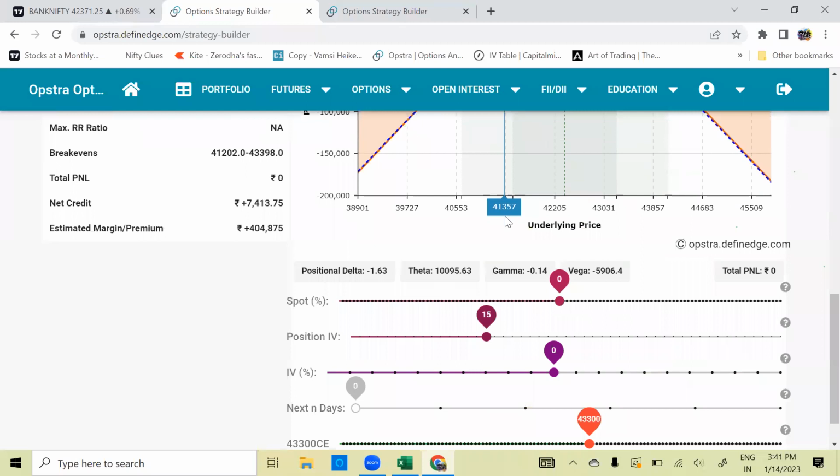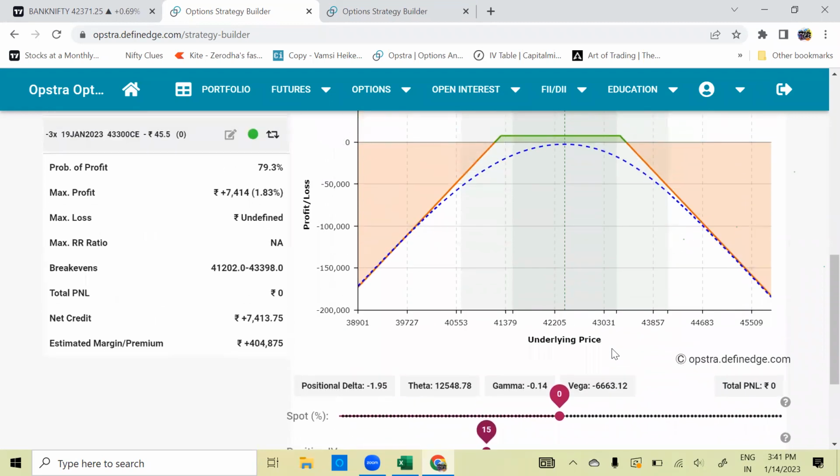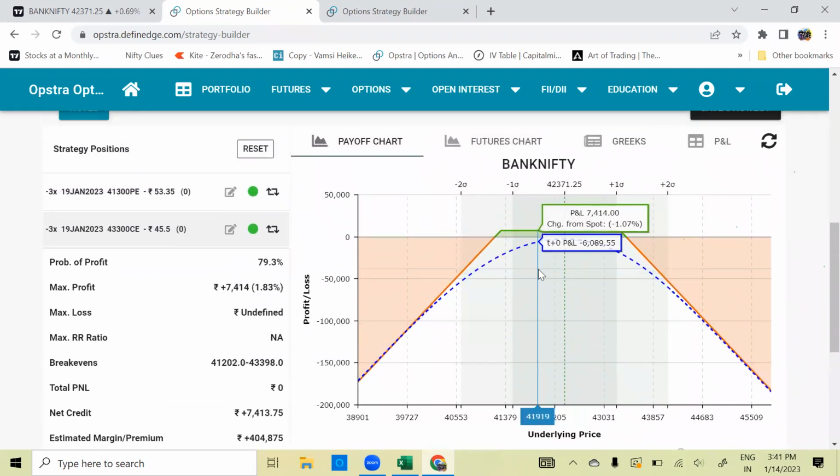In the same way, whenever the market is going down, definitely the VIX will go up. If it goes down 500 points, definitely the VIX will go up. So what I do is increase the IV by 10%. VIX is nothing but IV in Opstra. You can increase this IV so that you will be able to know how it works. Here, at the same 871, it is showing me a 6,800 rupees loss.